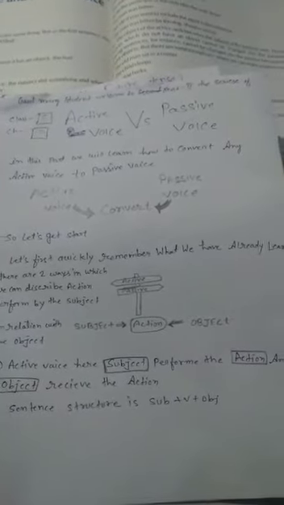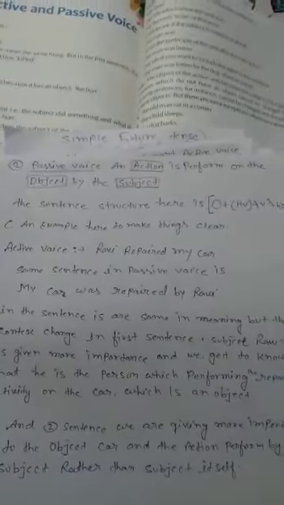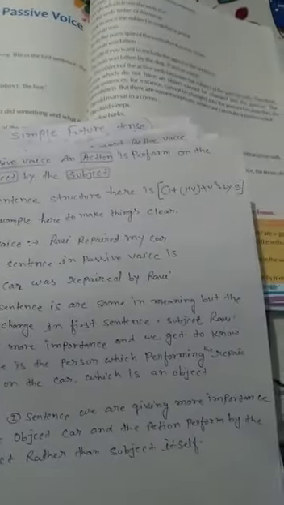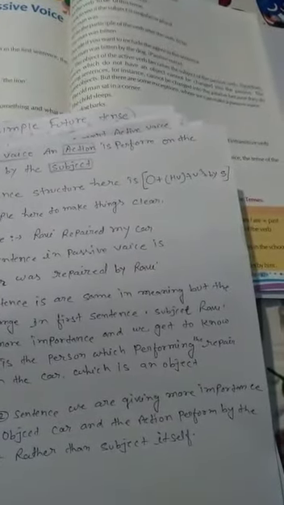The sentence structure is subject plus verb plus object. Passive voice: the action is performed on the object by the subject. The sentence structure here is object plus helping verb plus verb 3 plus by plus subject.